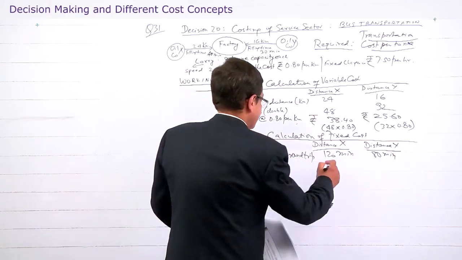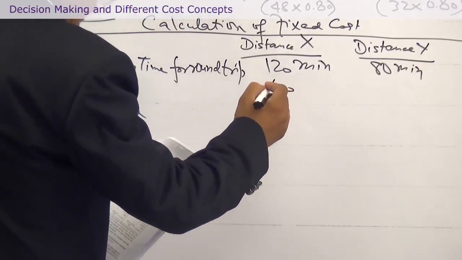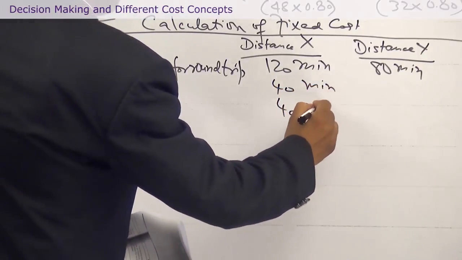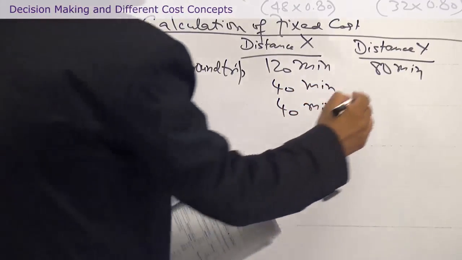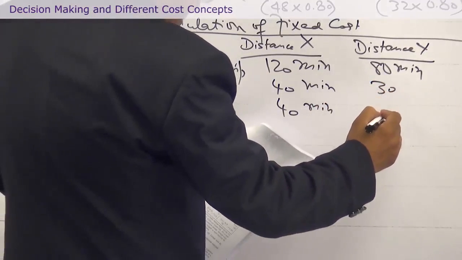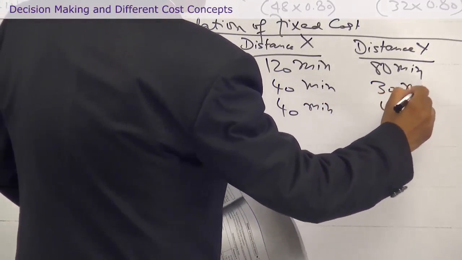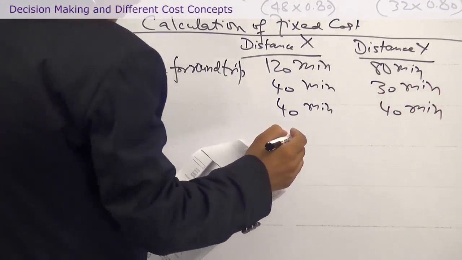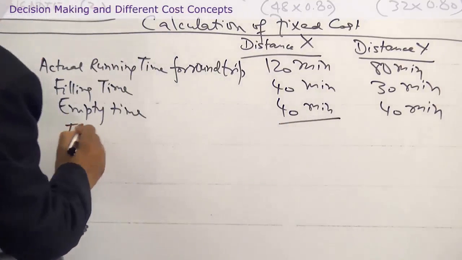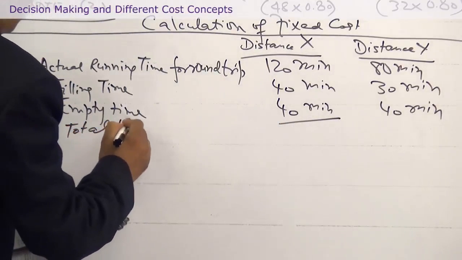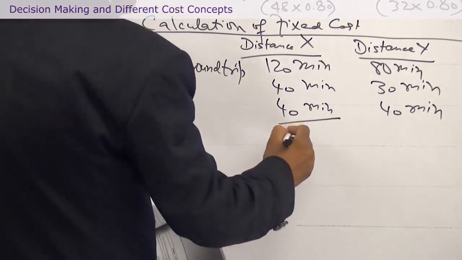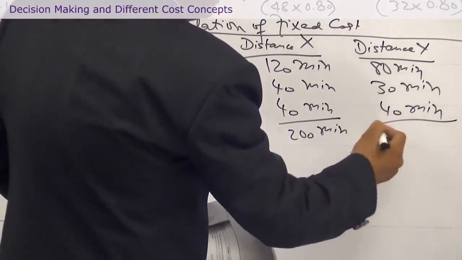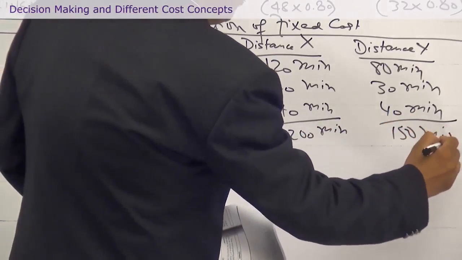So, the time provided is 40 and 40 minutes, and 30 and 40 minutes. So, the total time is 200 minutes here and here it is 150 minutes.